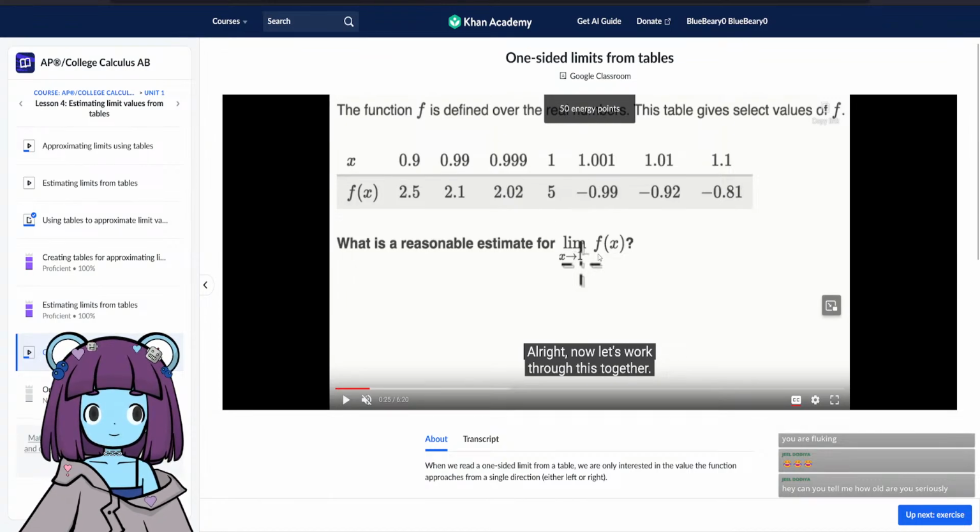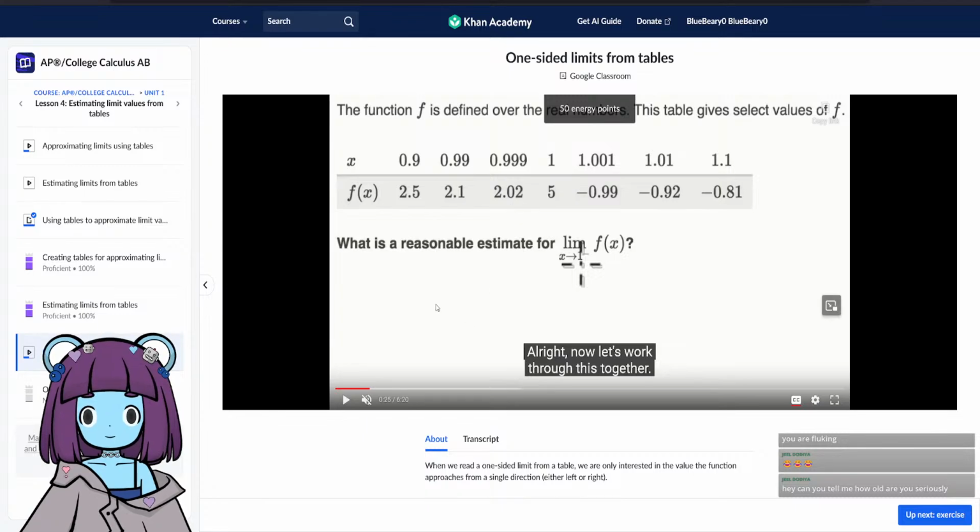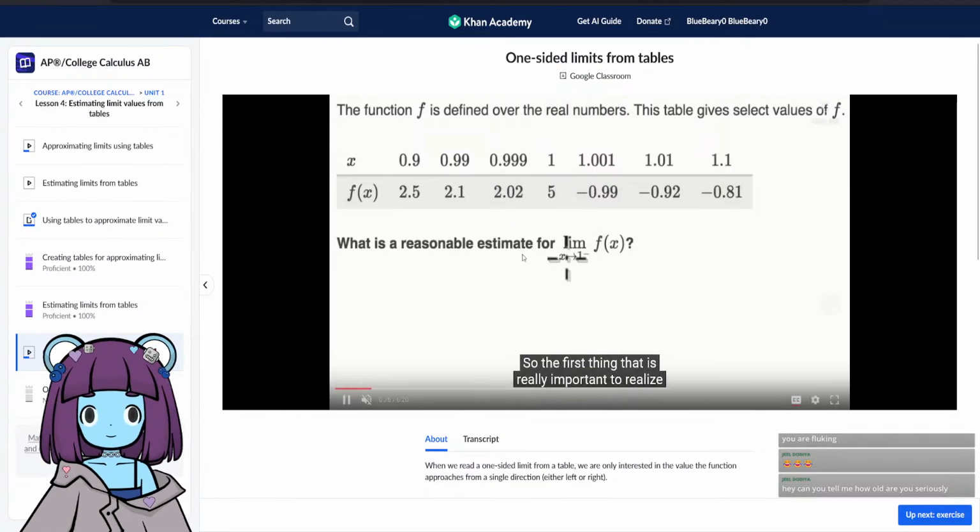As x approaches 1 from the left side, it would be 2.5, 2.1, 2.02, and then we have the value of 1. So this value decreases. I'm gonna say like 2 or something, maybe? I feel like 2 is a relatively reasonable estimate.